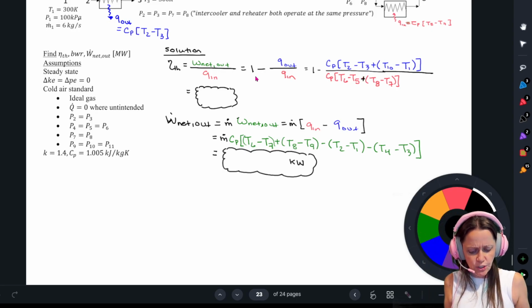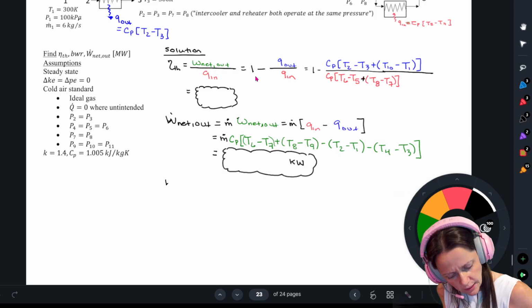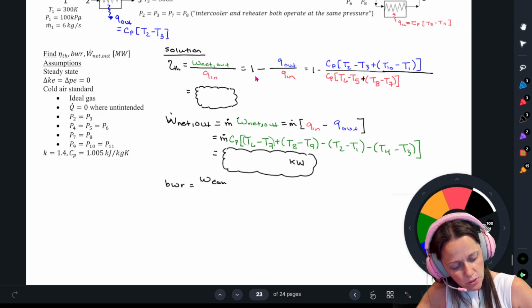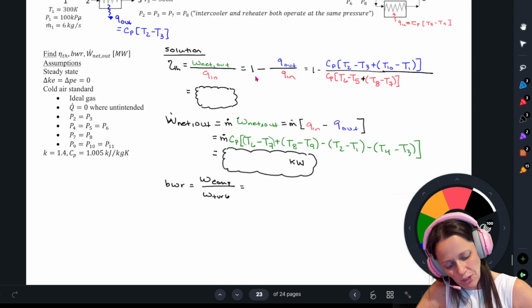Very last thing I need to do, back work ratio. I guess that should have been the second thing, but that's fine. So it's going to be work of the compressors over work of the turbines. We've already calculated this.